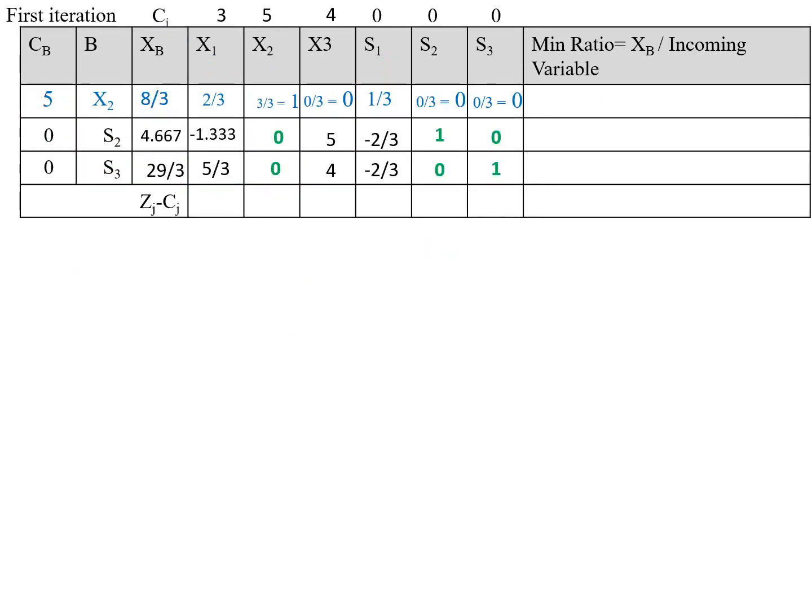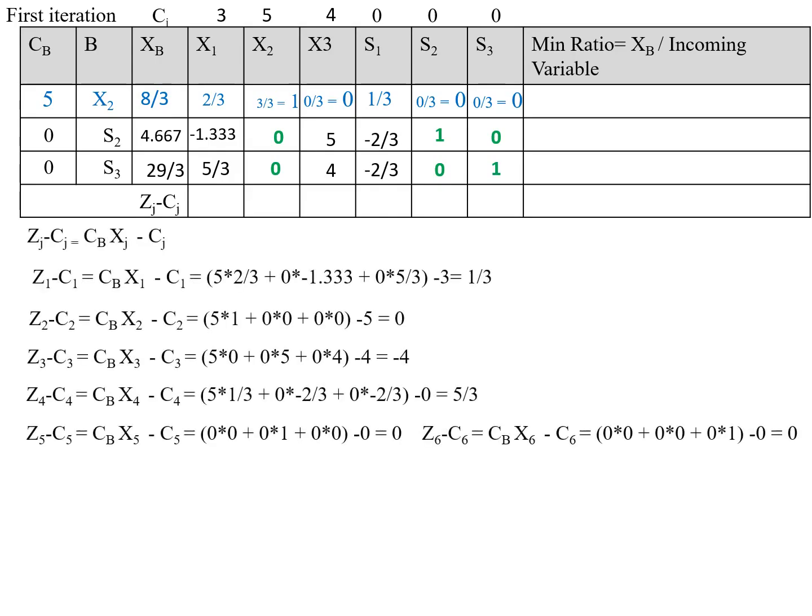This is the first iteration simplex table and determine the Zj minus Cj values. Zj minus Cj for the x1 is 5 into 2 by 3 plus 0 into minus 1.33 plus 0 into 5 by 3 minus 3, which is equal to 1 by 3.